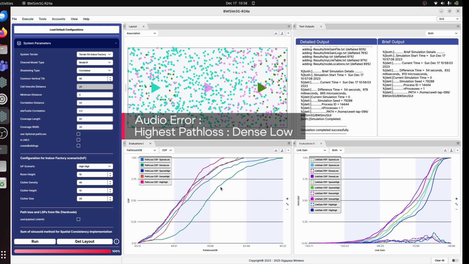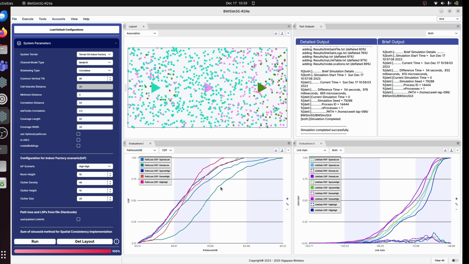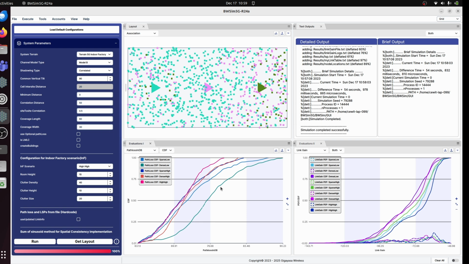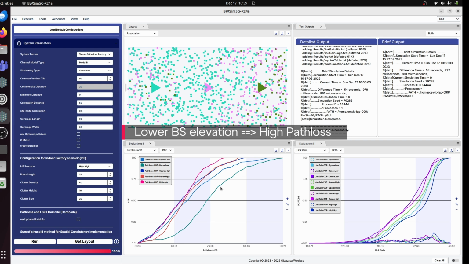This is because we have individually learned that when the machines are densely packed with each other, or any case where the user equipment nodes are densely packed, they are suffering from high path loss. Similarly, we have also learned that when the base station is at a very low elevation height, they suffer high path loss because the number of particles that can cause path loss will significantly decrease as the base station height increases.